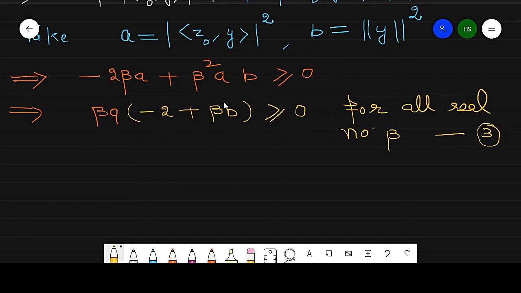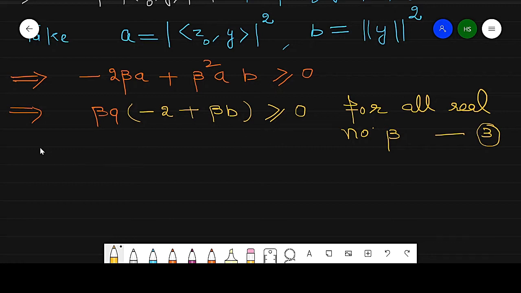A and B are positive numbers. So A is positive, B is positive. So we get beta A into beta B minus 2, which is greater than or equal to 0.